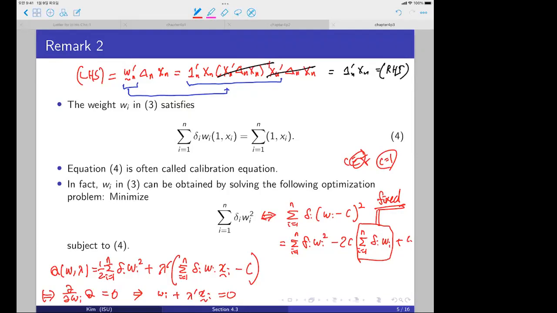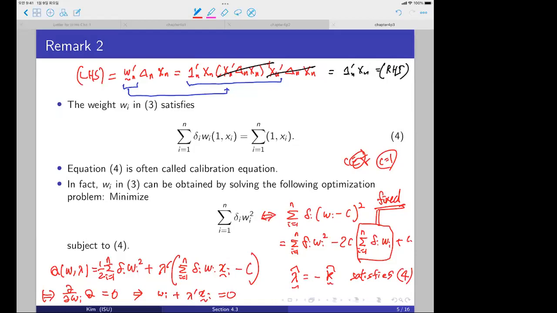Which actually means that, but we already know that lambda hat equals kappa minus kappa, which satisfies the condition, right? We know that already.